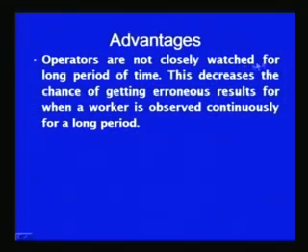Operators are not closely watched for a long period of time, which in turn may decrease the chances of getting erroneous results when a worker is observed continuously for a long period. Some of the workers may be very sensitive when they find that some other person is observing them during the work.